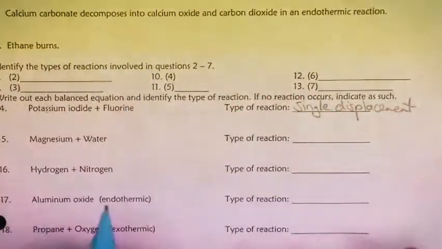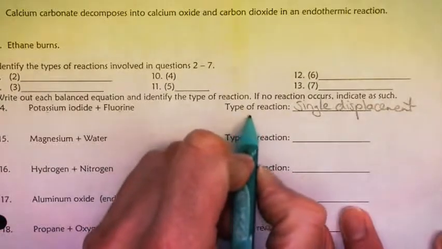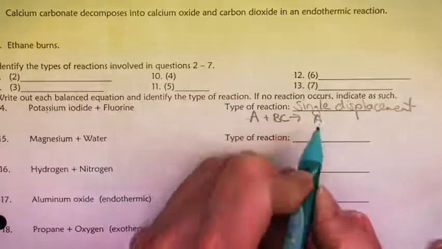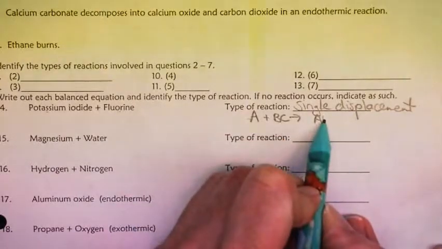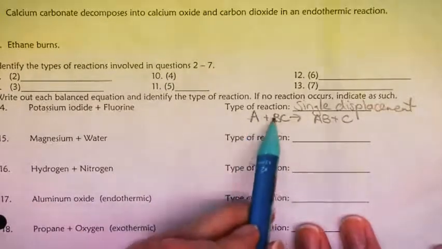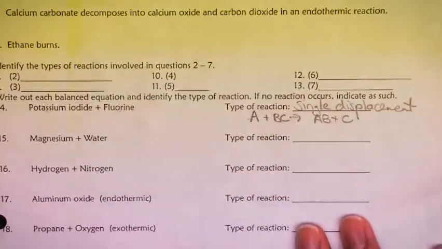So in a single displacement reaction, we had the idea of A plus BC goes to AB plus C. So either way, A is going to come out and replace one of these two. And that's all based on the oxidation numbers.